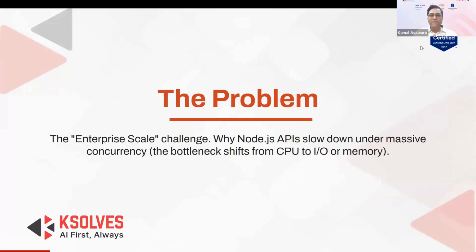So the problem statement is CPU, memory, or input/output. Those start to create problems for you when your application has to handle concurrency of 1,000 requests per second or more.